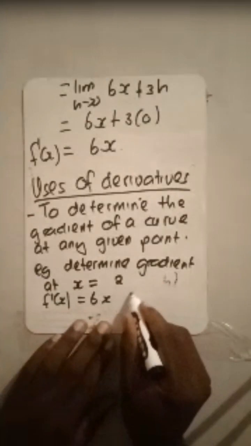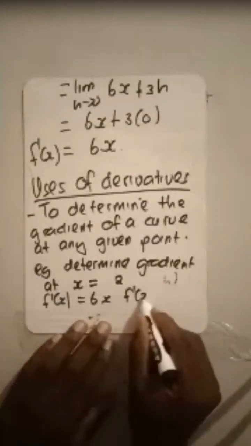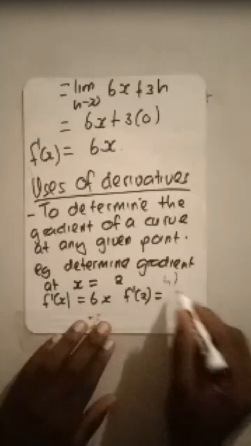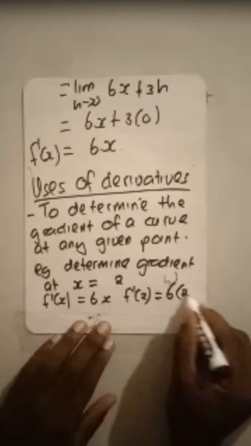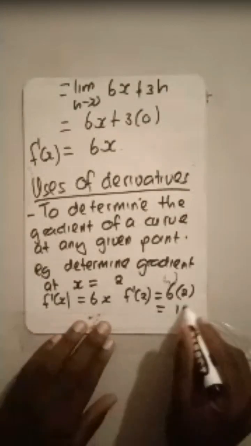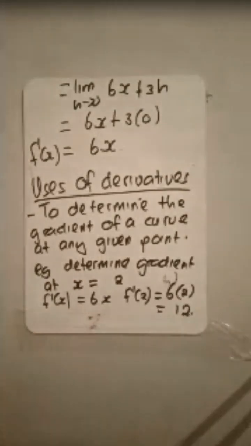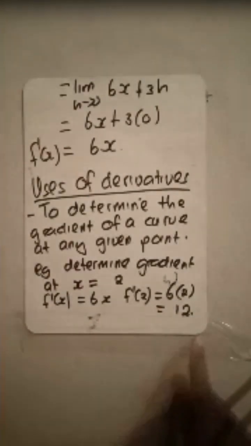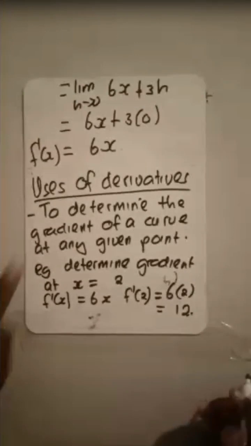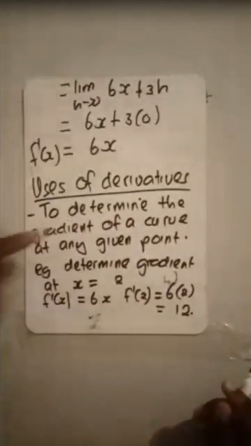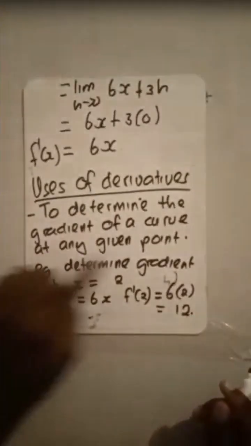Therefore, at 2, the gradient is going to be 6 in brackets 2. The gradient is going to be what? 12. The gradient is equal to 12. That is the first thing. So use of derivatives: to determine the gradient of a curve at any given point.